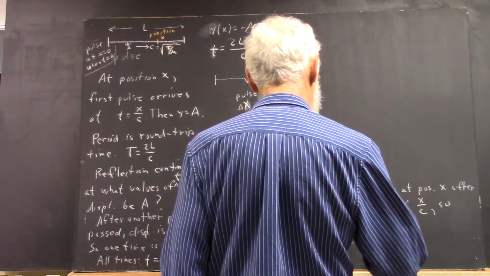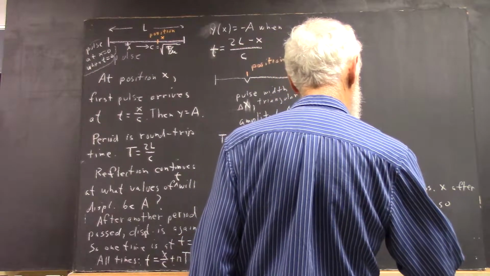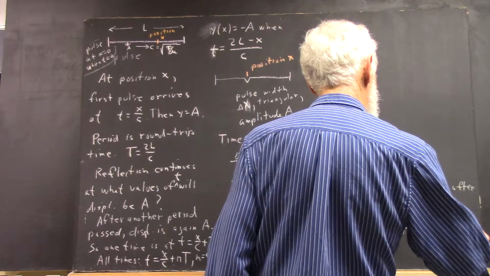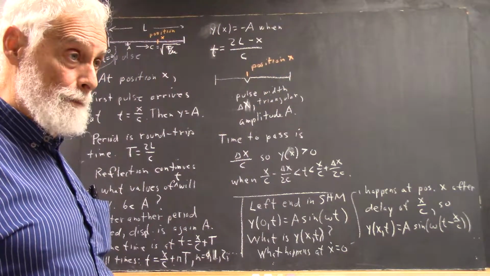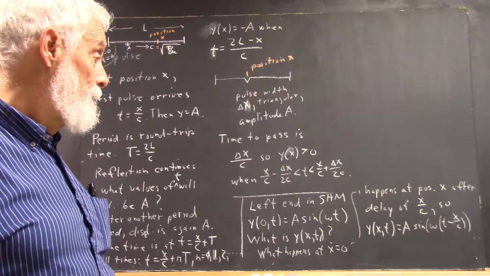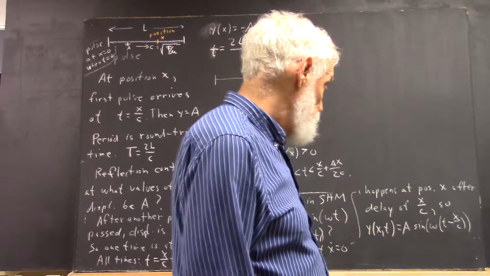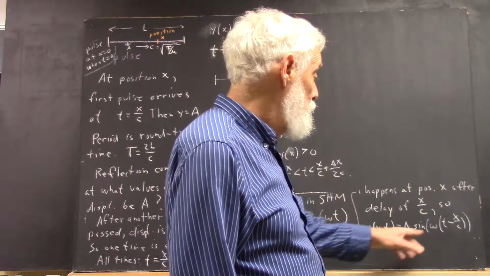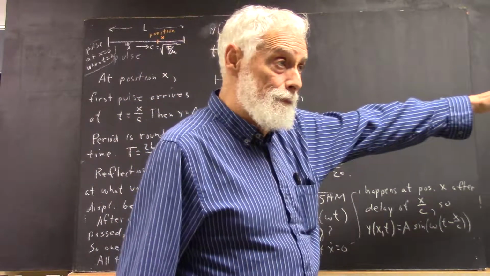So y of x, t equals A times the sine of omega times (t minus x over c). Okay? So now we have a function of x and t that gives you a snapshot of what happens to every point at every time.